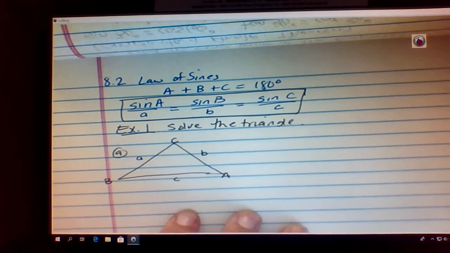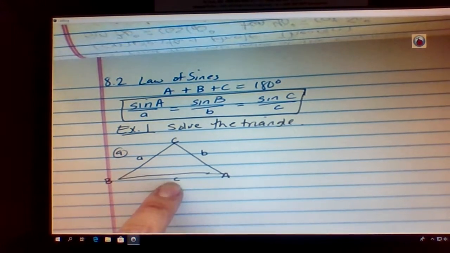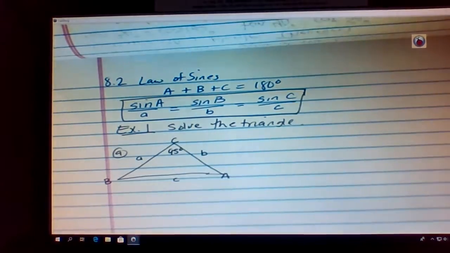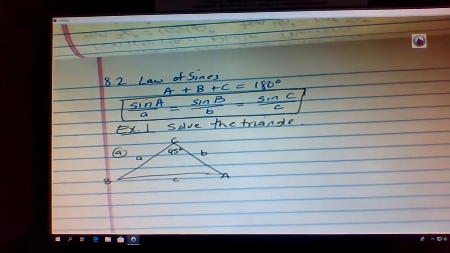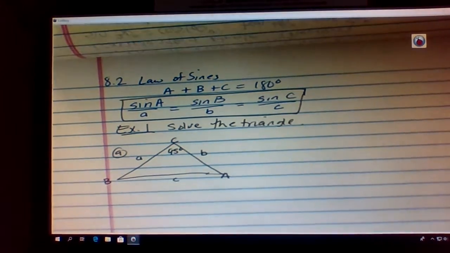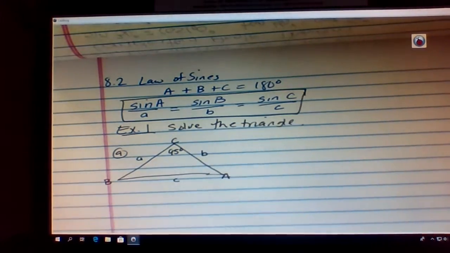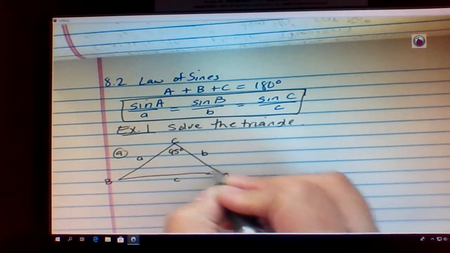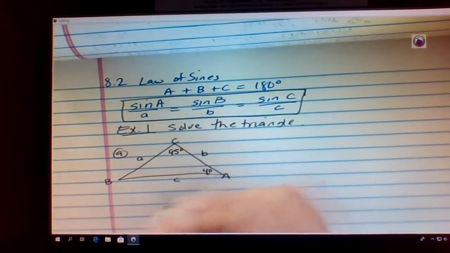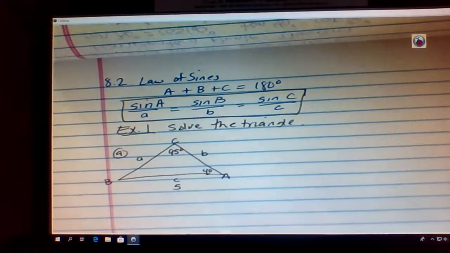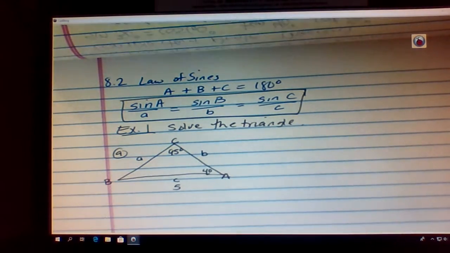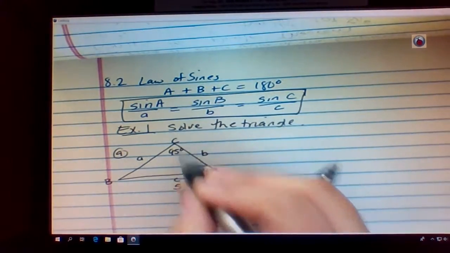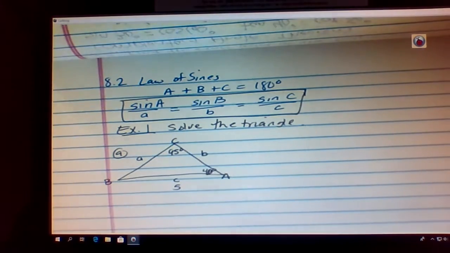They tell us this is 95, this is 40, and that c is 5. That is the only information they give you. So angle A is 40, angle C is 95, and side c is 5.